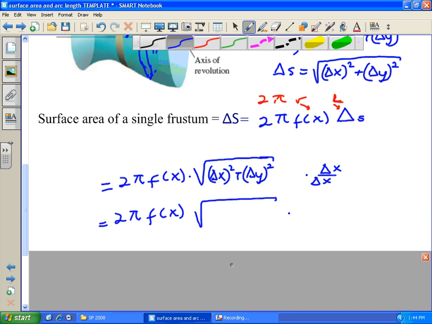If you like, flip back to the previous page to let me know, what did we get there? 1 plus delta y over delta x, quantity squared, and on the outside, this is delta x. Okay. This is the surface area of a single frustum taken from that solid.